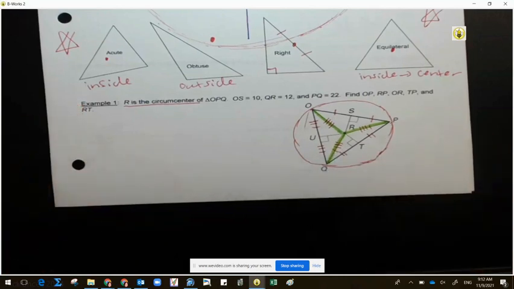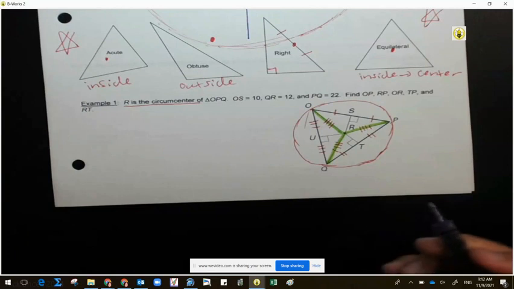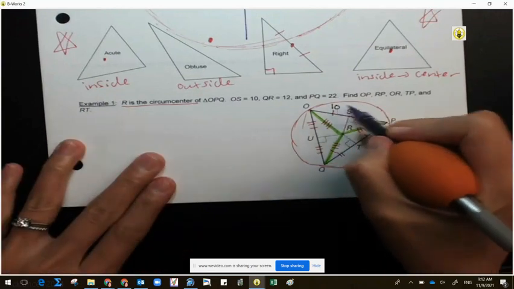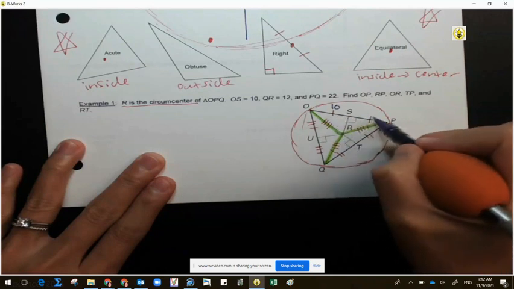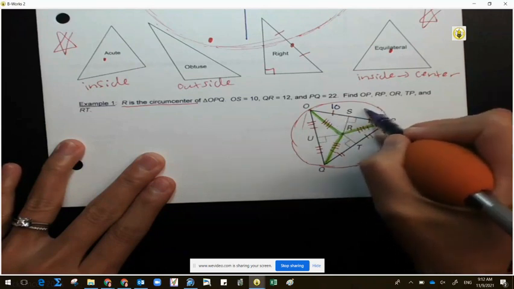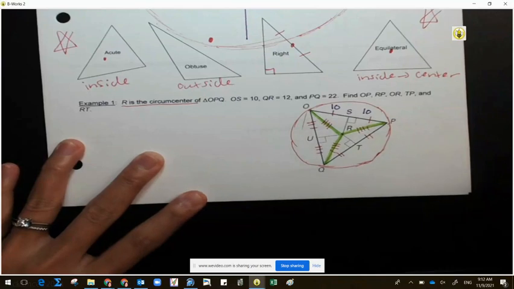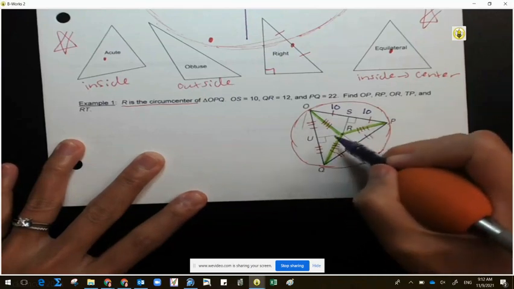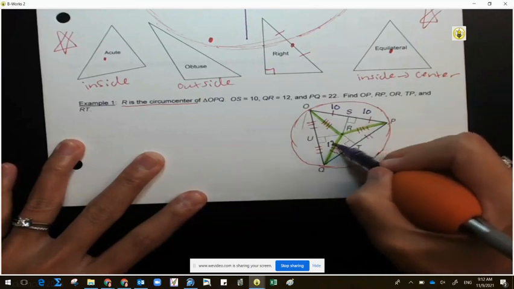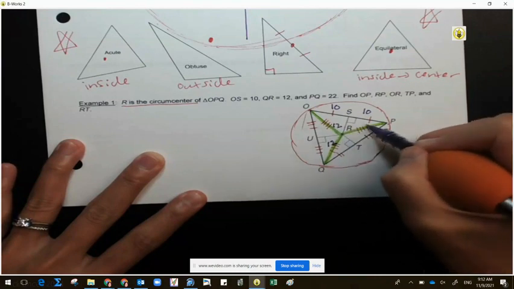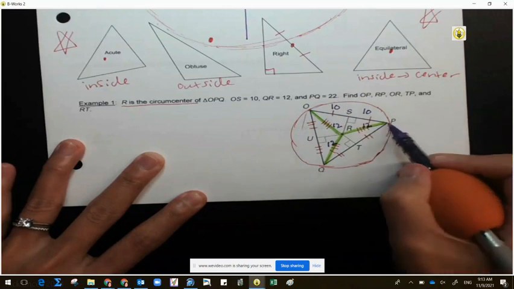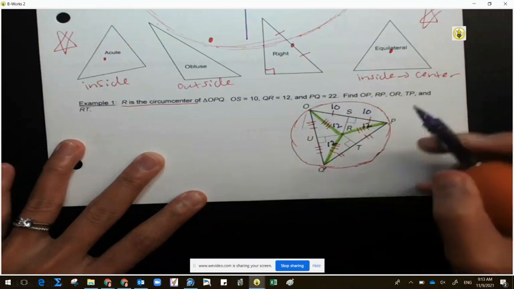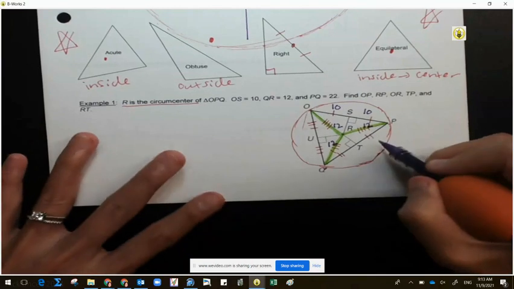And let's put in the known measures. It says OS is 10. Then what do I know about SP? I have a common tick mark, so SP should also be 10. And then it says QR is 12. So can I then say the other two are also 12 since it's a radius? Yes. And then I have PQ. If P all the way to Q is 22, what can I say about half of those each? They're 11.